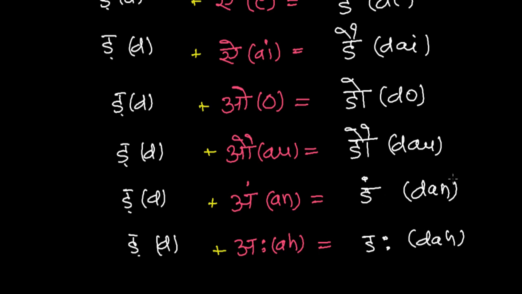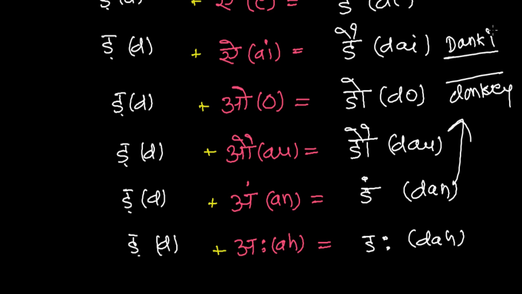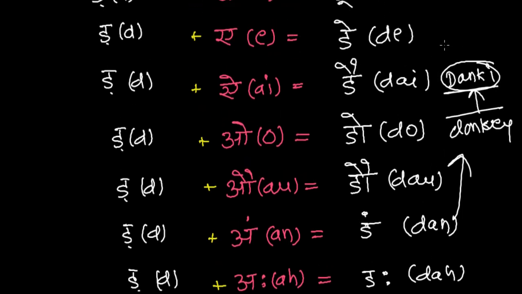This is like when you want to write donkey. In English you say d-u-n-k-e-y, donkey. Oh my god, it's bad English of mine. In Hindi, it goes something like this. In Devanagari script, da, dung, ki, and the ki is a linear one, so it will be written from this side.